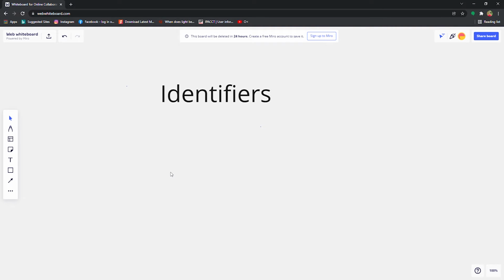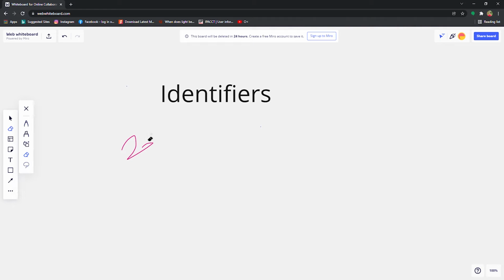Now what are identifiers? Identifiers are the letters or group of letters, or words or group of words, which are used for naming something, or I should say, which are used for identifying something. For example, the name of a variable, like the example I took before, that is x.